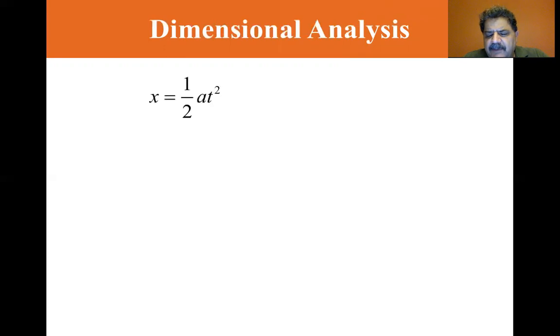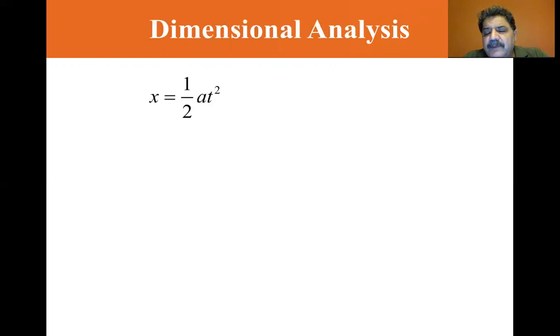Any relationship can be correct only if the dimensions on both sides of the equation are the same. And it helps you if you're expecting meters per second and you end up with kilograms, you know that something is wrong. Or if you're expecting length over time and you get mass, again, something is wrong.